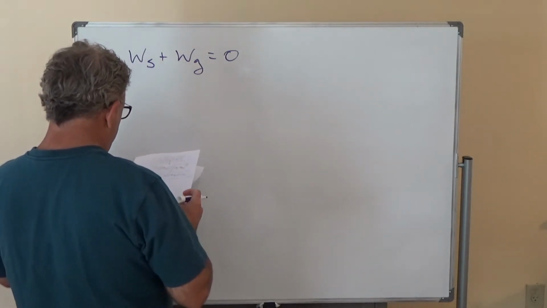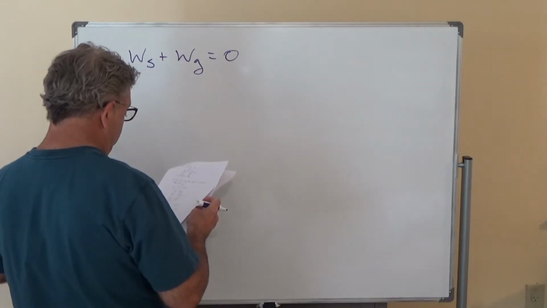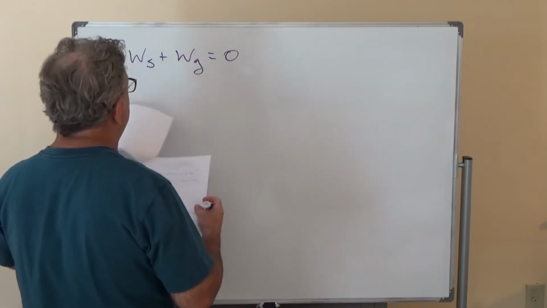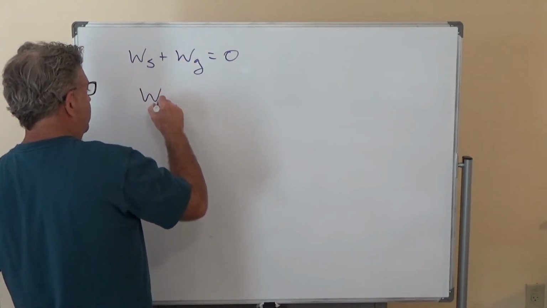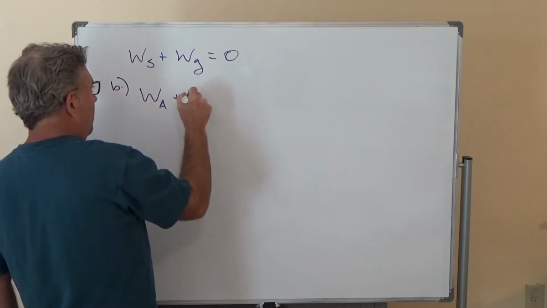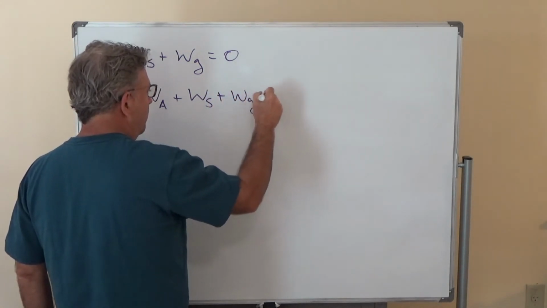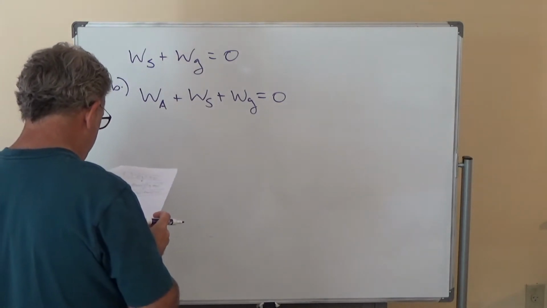So in part B, you have to add in the work done by the air resistance, plus the work done by the spring, plus the work done by gravity, and all of that is equal to 0, is the way I did it.